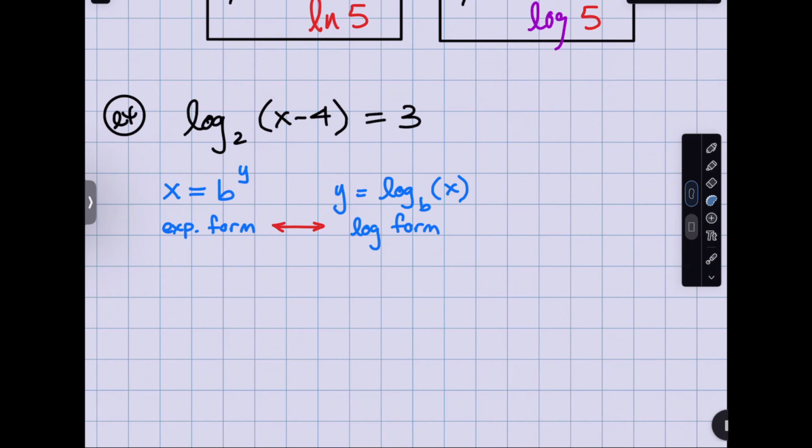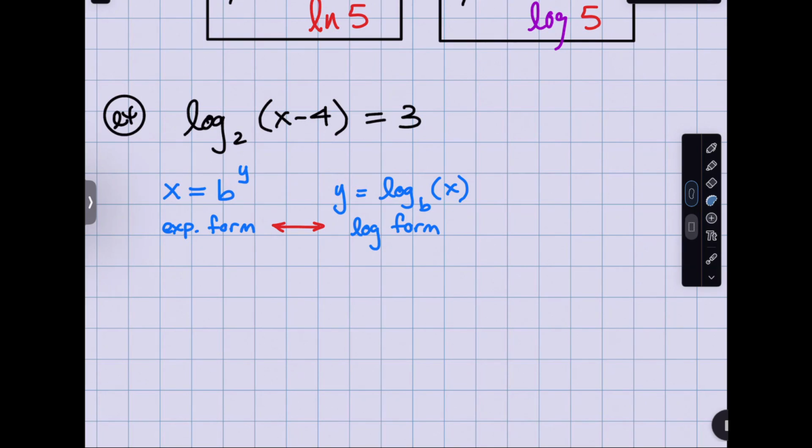The other class was discombobulated. You're not sure if you got the right answer? Why?